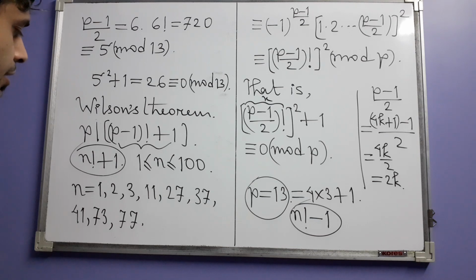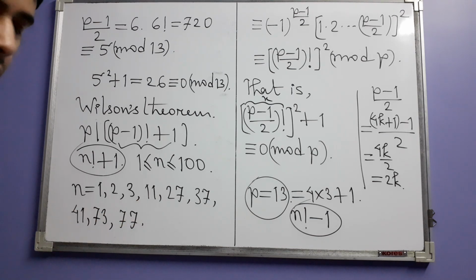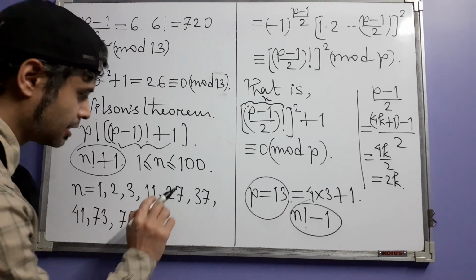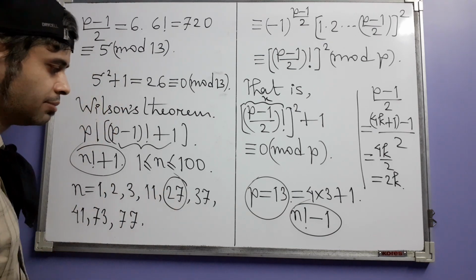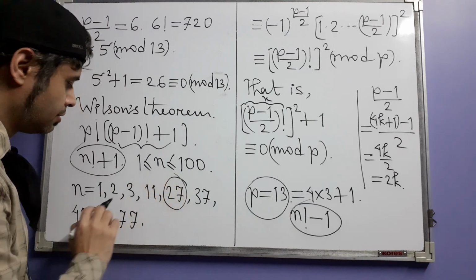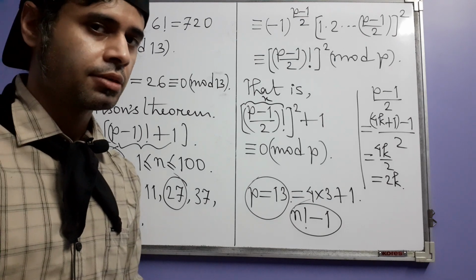So you can see that it's not necessary that n itself has to be prime. I mean, the first few values make you think like that, but 27 is not a prime. So these are the n values between 1 and 100 for which n factorial plus 1 is a prime, a factorial prime.